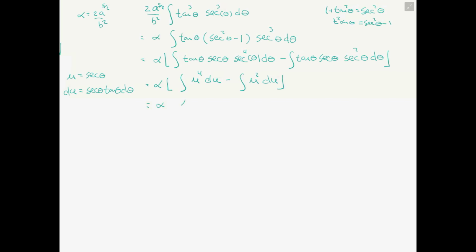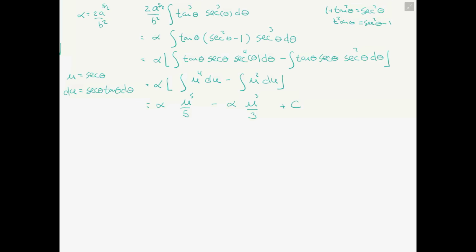And now we have a polynomial integration. So we have u to the fifth on 5 minus alpha u to the third on 3 plus constant.